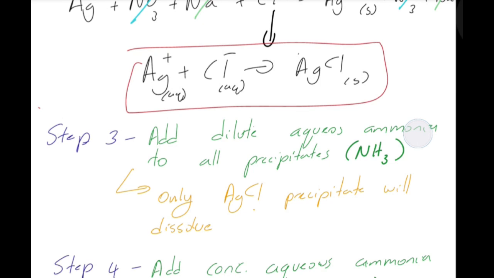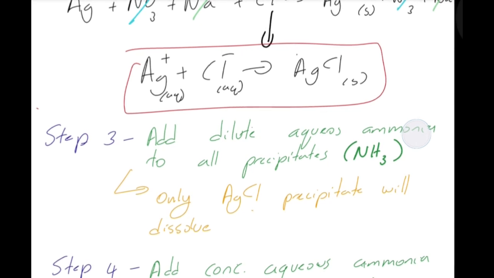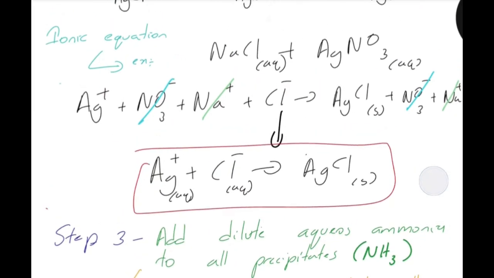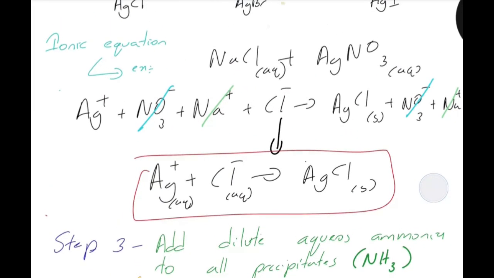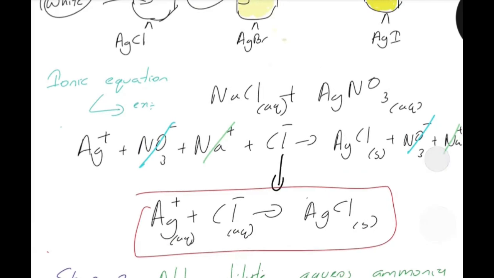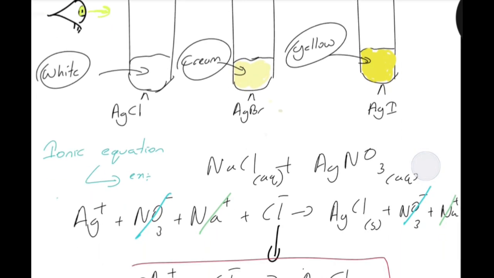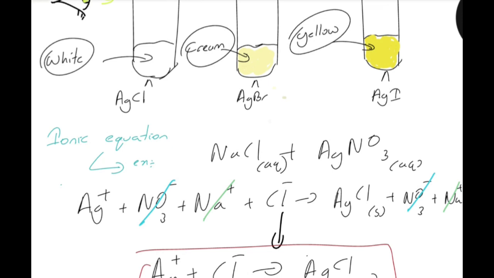Now before we discuss step 3, I'll remind you why we go for step 3 to identify halide ions, although we have already identified the halide ion containing precipitate by the color. People have different color vision, person by person.